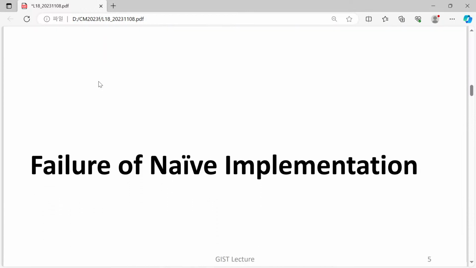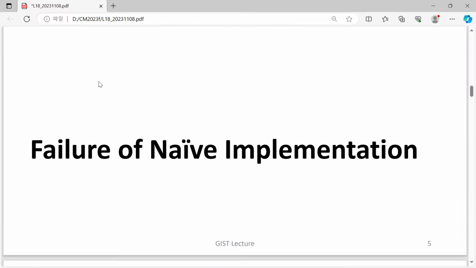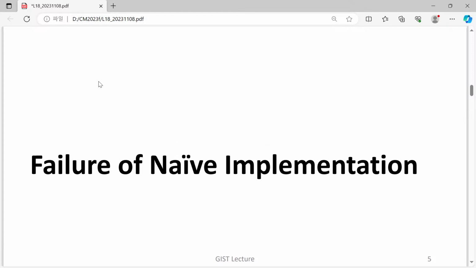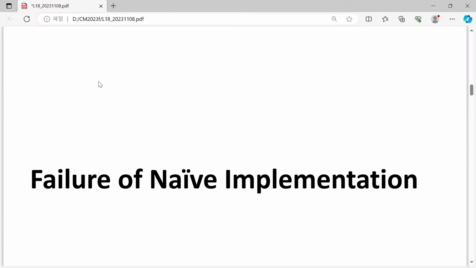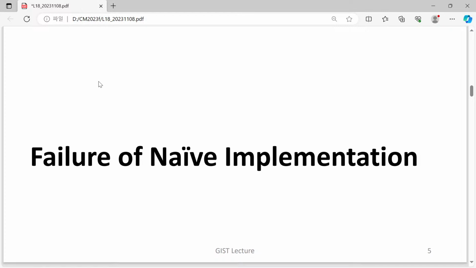Okay, so that was just the remaining lecture content from our previous lecture 17. Now let's go to the next topic. Up to now, we have successfully implemented the p-n junction simulator. Now you can introduce any values of dopant density.